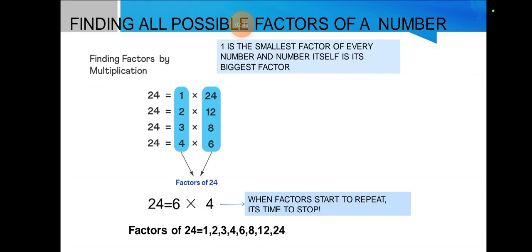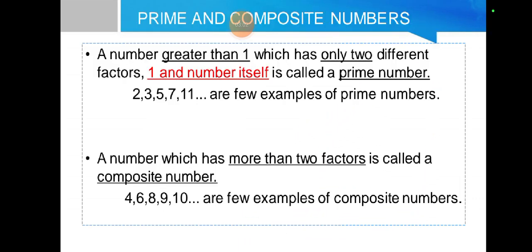So 6 4s are 24. That means when factors start to repeat, it's time to stop. So whenever factors start repeating, we stop there. So these all are my factors: 1, 2, 3, 4, 6, 8, 12 and 24. Here, the smallest factor is 1 and the highest is the number itself, that is 24.